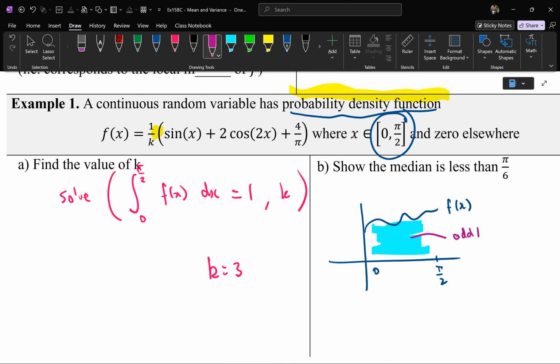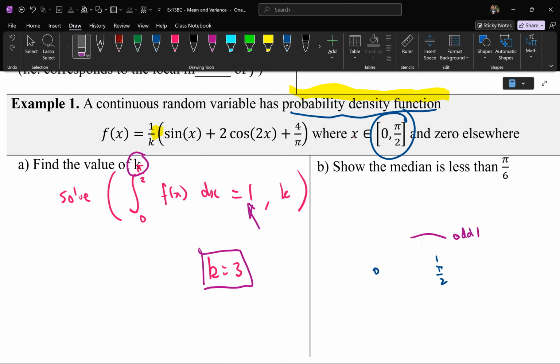It's clearly above 0. So how do you find k? What I did was I just said, well, let's integrate this and let it equal 1. So area under the curve equals 1, and then solve for k. That's how I got k equals 3. Okay, so we've got k equals 3 now.